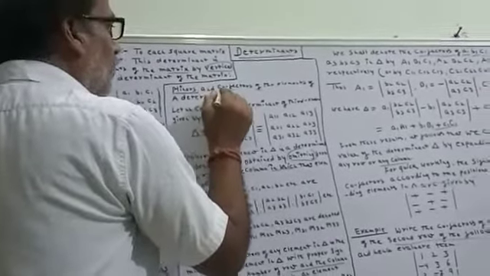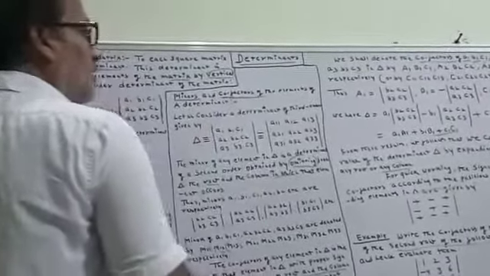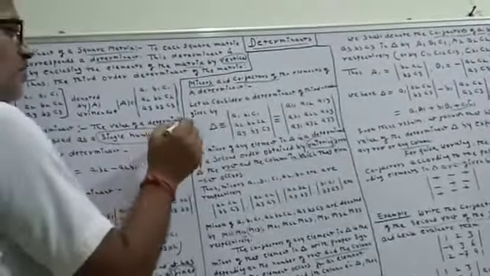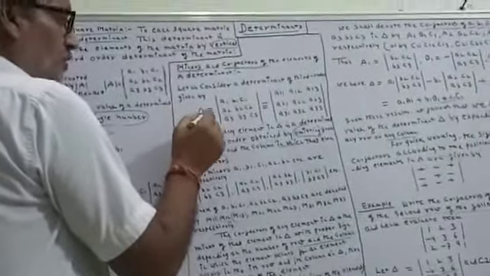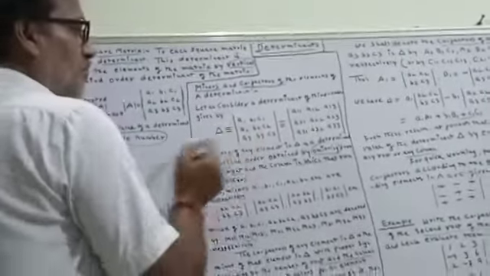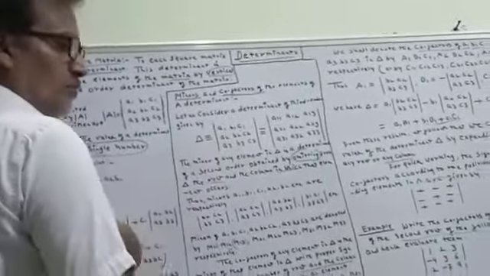Now minors and cofactor of the elements of a determinant. Let us consider a determinant of third order given by delta equal to A1 B1 C1, A2 B2 C2, A3 B3 C3.